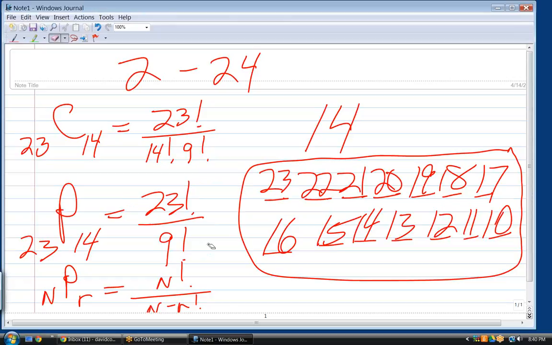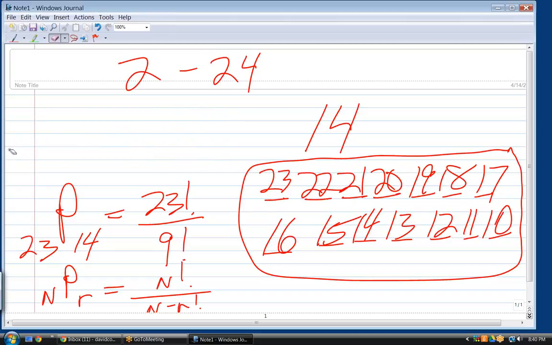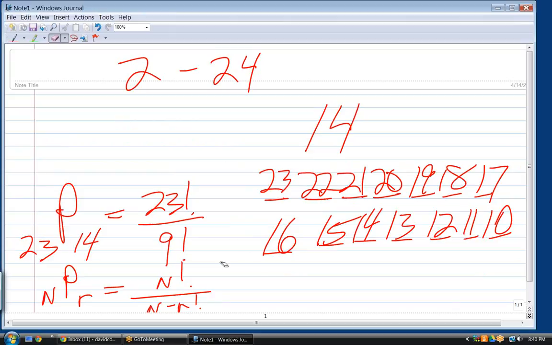Now, let's see if we could have figured out that it's a permutation problem instead of a combination problem without doing this whole thing over here. Order matters, because this player has to get a number, and I'm not sure I can explain that. I know it's a permutation problem because of the way it works out.